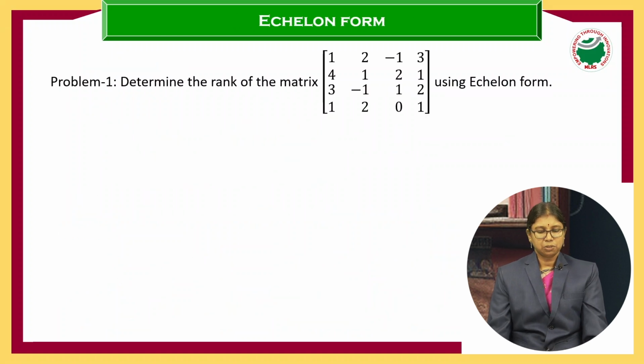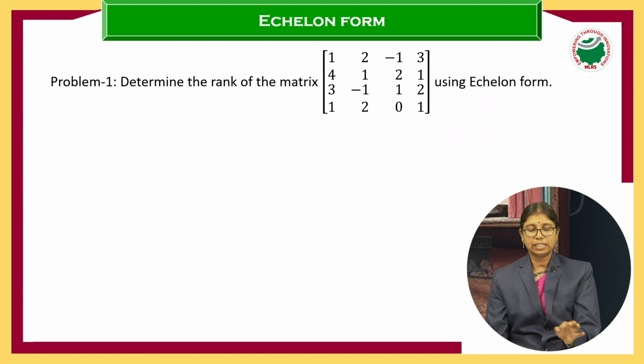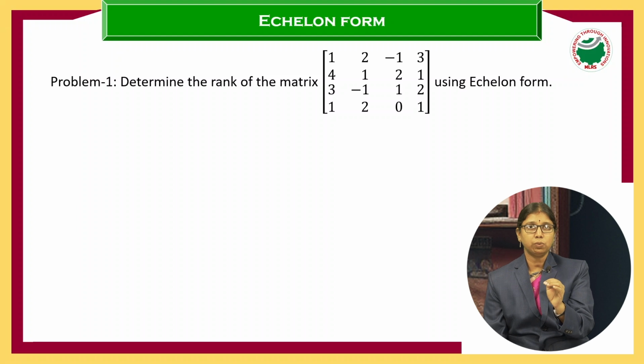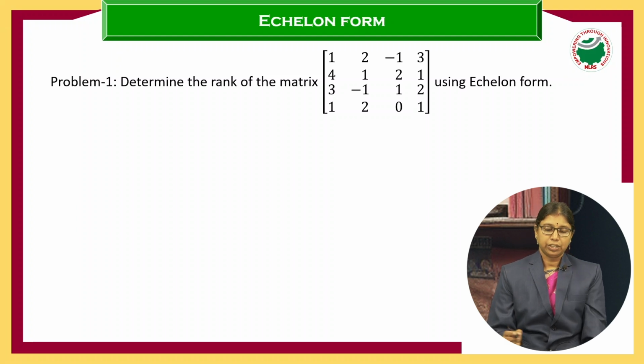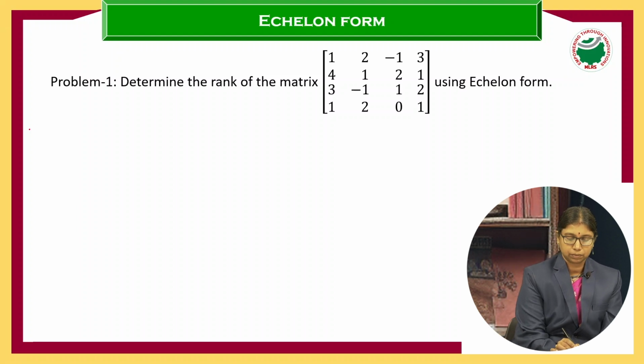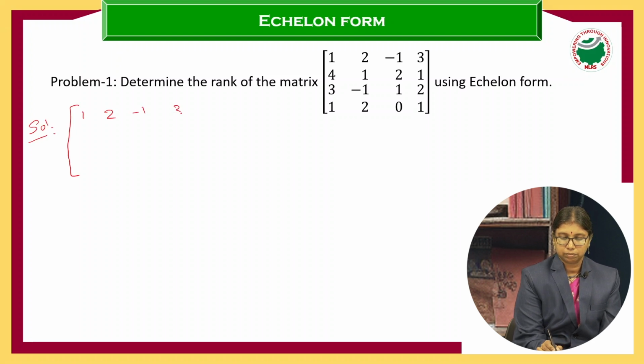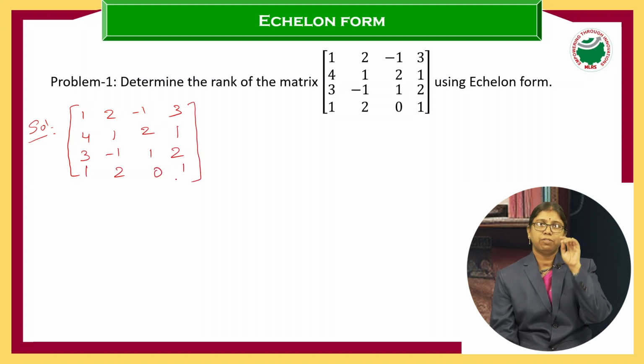So here I am taking the first problem: determine the rank of the matrix, a 4 by 4 matrix, using echelon form. So what is your aim? You have to convert the given matrix to upper triangular form. So the given matrix is a 4 by 4 matrix.